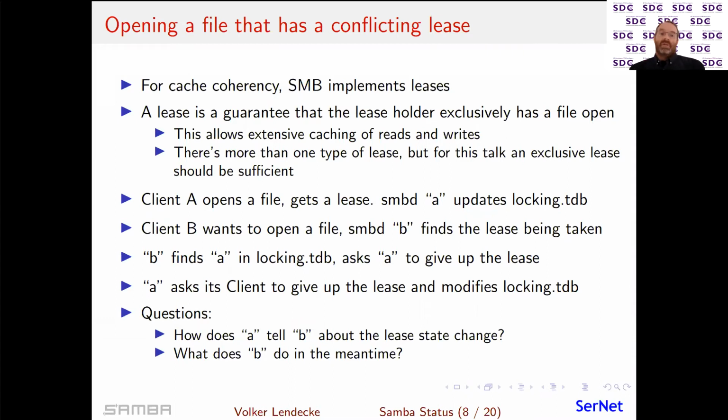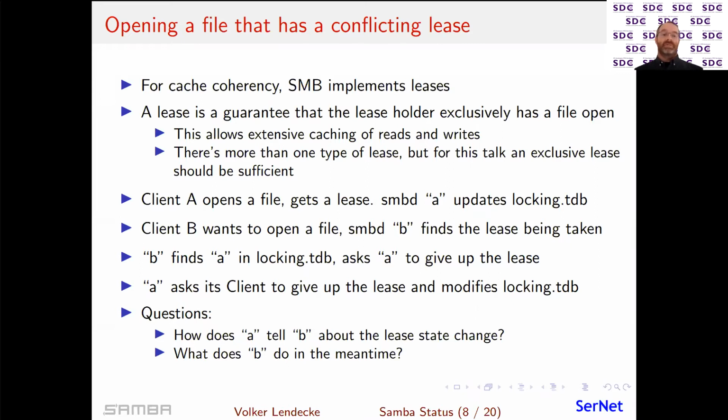which means if I as a client know that I'm the only one accessing this file in the whole system, nobody else cares about its contents, which means that I can do extensive caching of reads and writes because nobody else cares. As long as, for example, my application doesn't require syncing, I can just cache all reads and writes in the implementation of the SMB client.